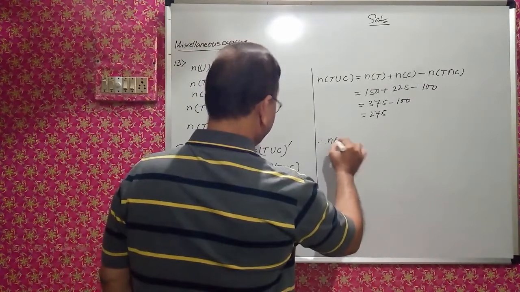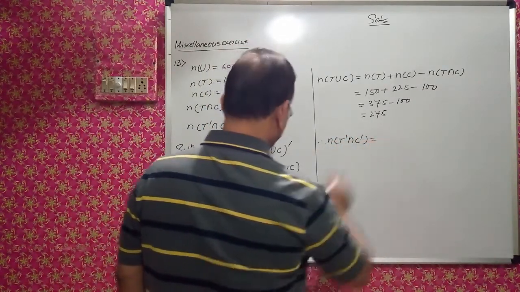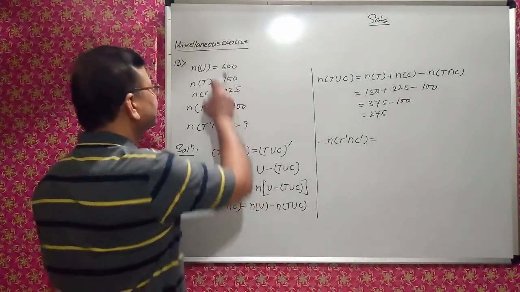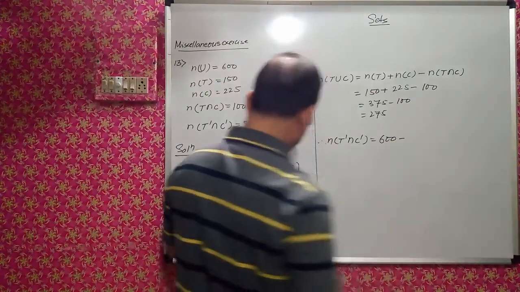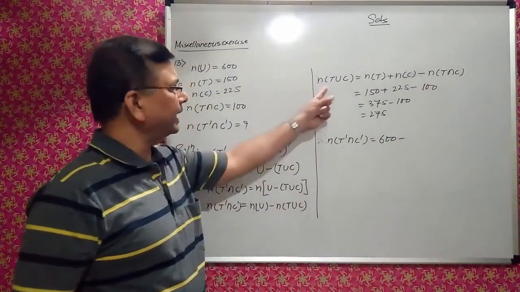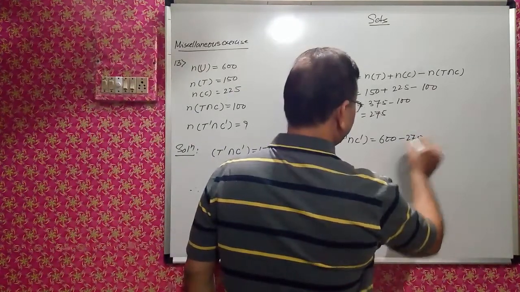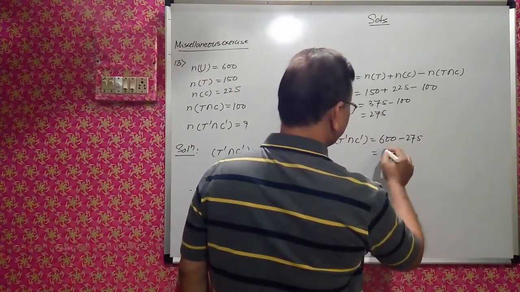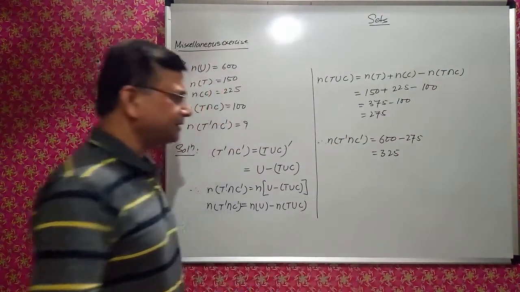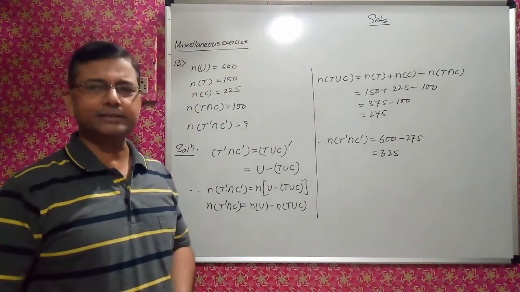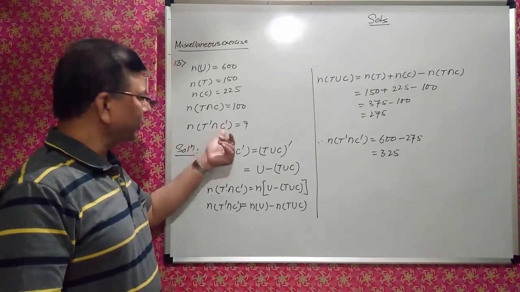Therefore, N(T dash intersection C dash) is equal to N(U). What is N(U)? That is 600, minus N(T union C). N(T union C) is 275. That is equal to how much? 325. It means there are 325 students who are not taking either tea or coffee.